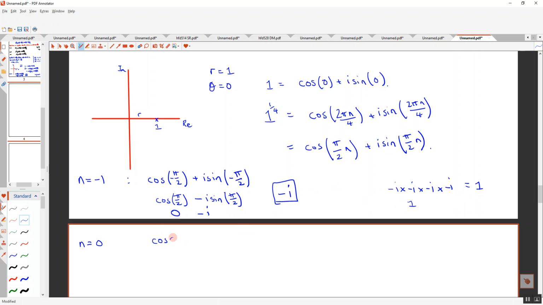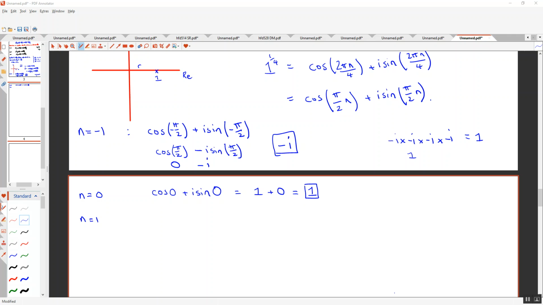Our second one. Okay, so when n equals 1, I've got cos of π/2 plus i sine π/2.